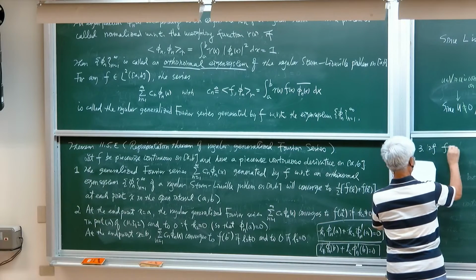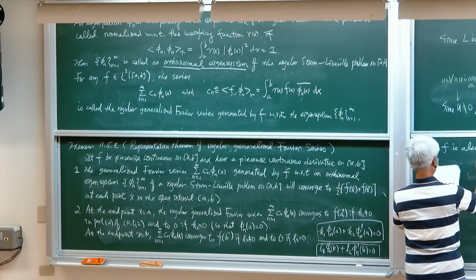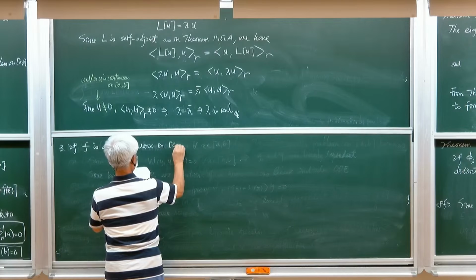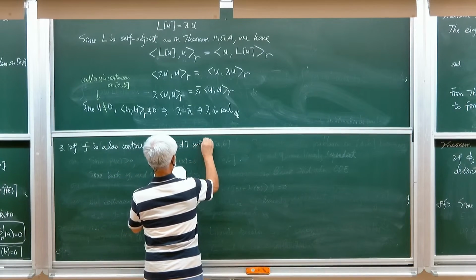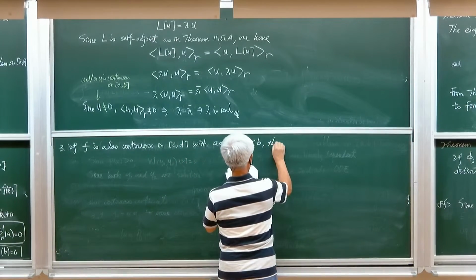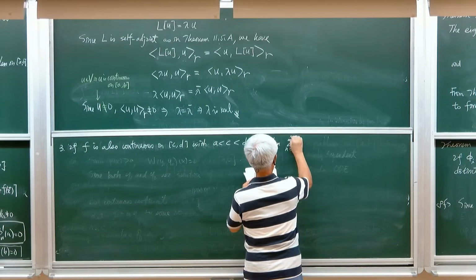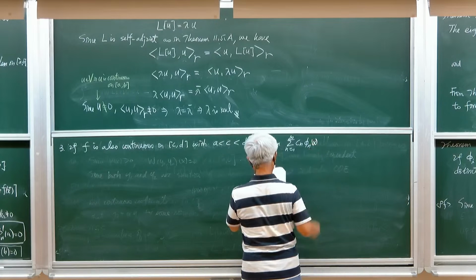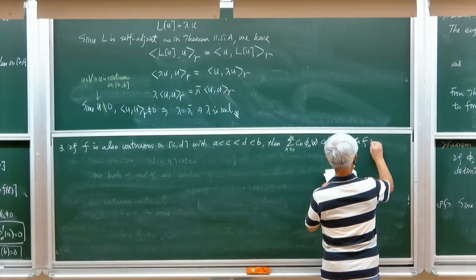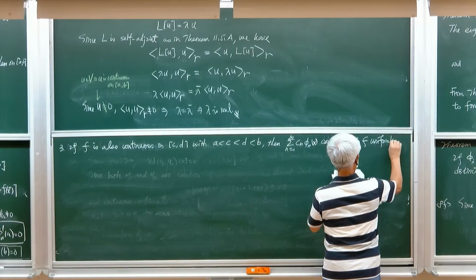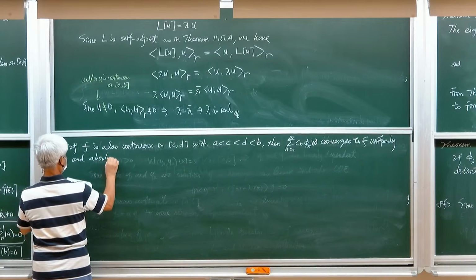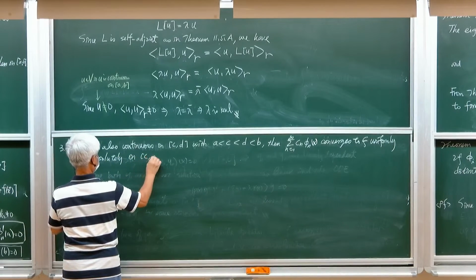If f is also continuous on [c, d] with a less than c less than d less than b, then the generalized Fourier series converges to f uniformly and absolutely on [c, d].